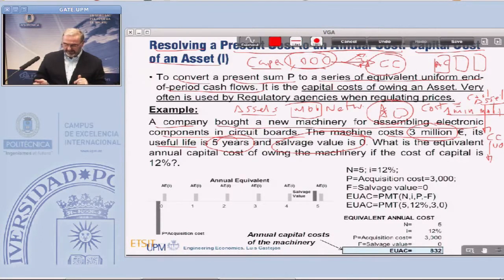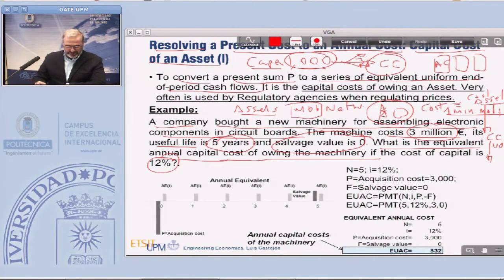With this tool, we are able to calculate. So the question we have to ask is, what is the equivalent annual capital cost of owning the machinery? The cost of capital for this company is 12%.